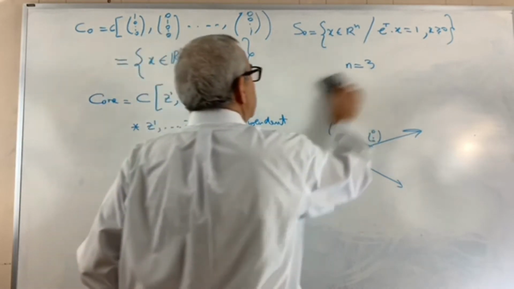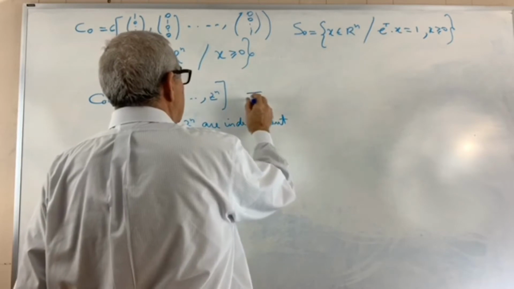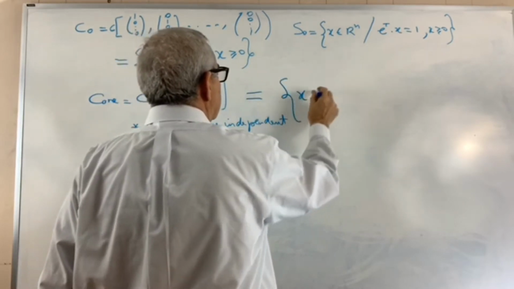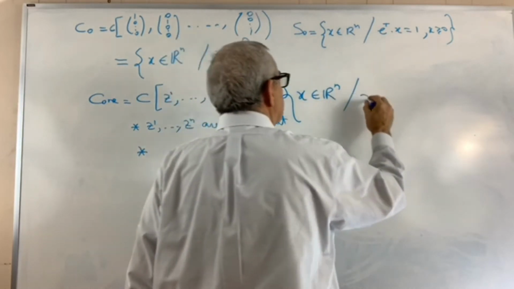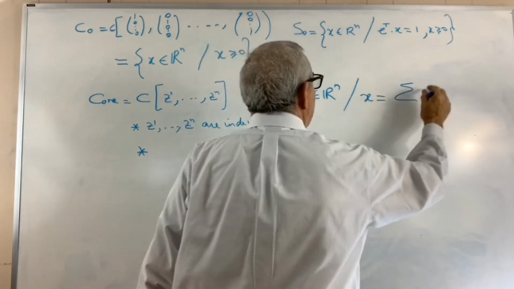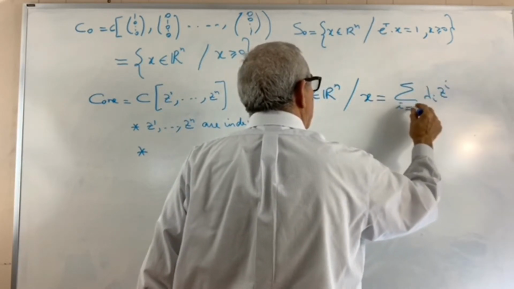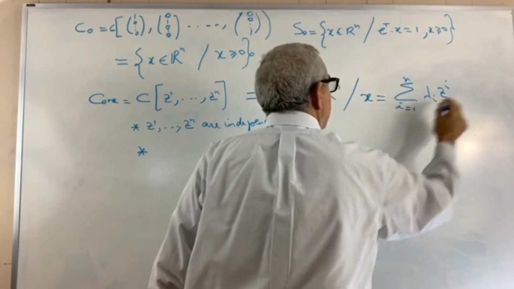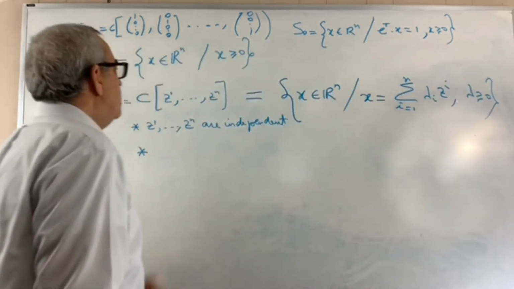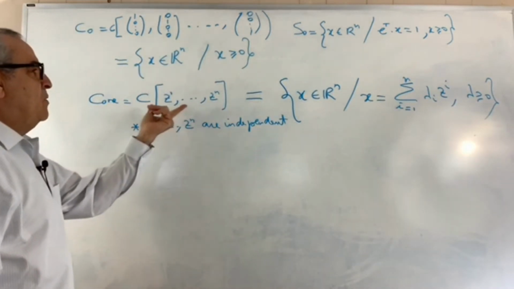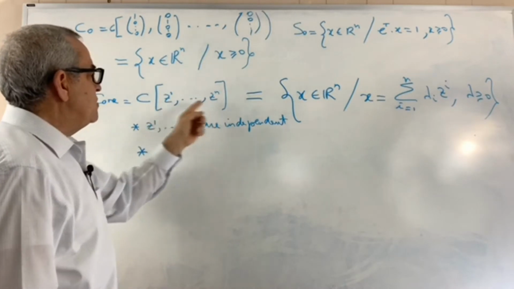Let me define what a cone is first. The general definition of a cone is the set of all x in Rn such that x is equal to the sum of lambda i Zi for i equal 1 to n, where all the lambdas are greater or equal to 0. So a cone is just the set of all x that are non-negative linear combinations of these vectors.